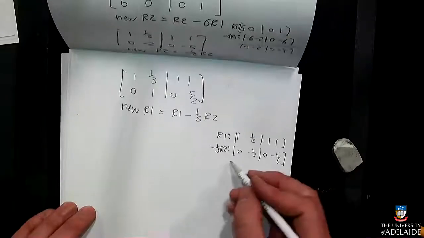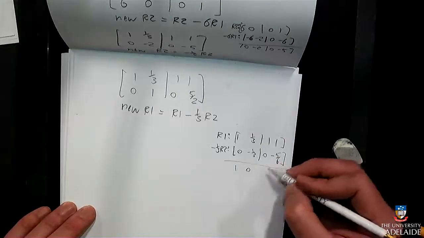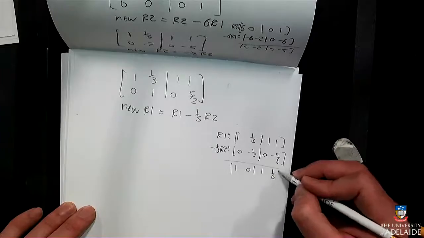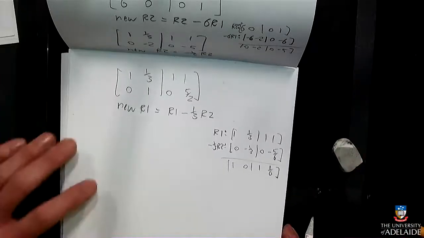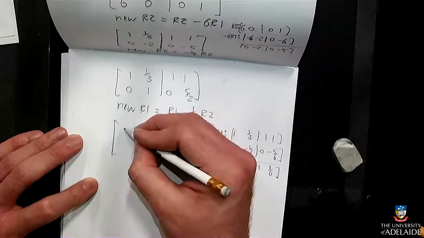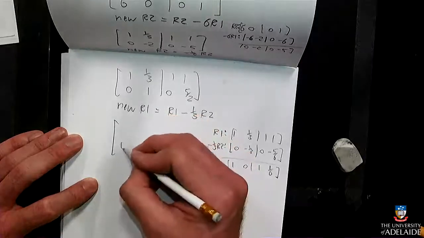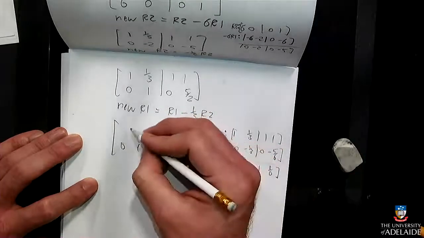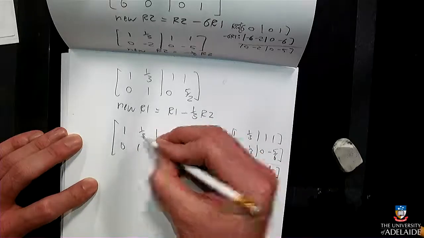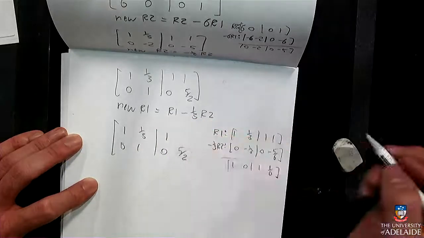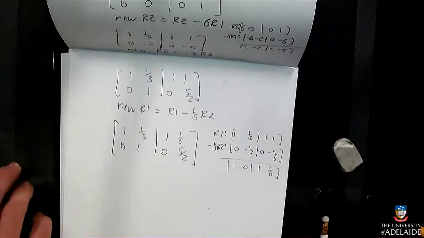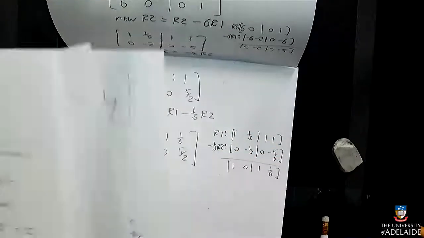Okay, and when we add them together we get 1, 0, 1. 1 minus 5, 6 would be a sixth. Okay, and so we didn't change row 2, but we did change row 1. And hopefully that's the same as the inverse we found last time.